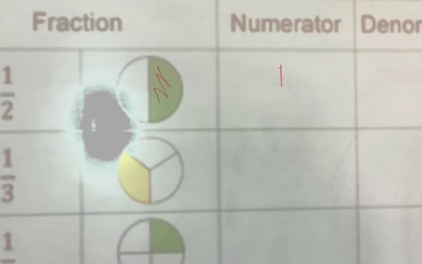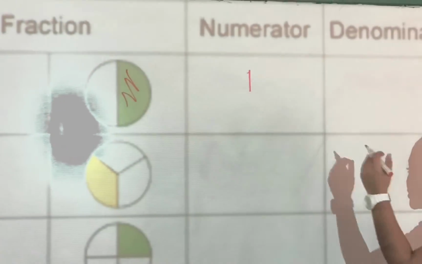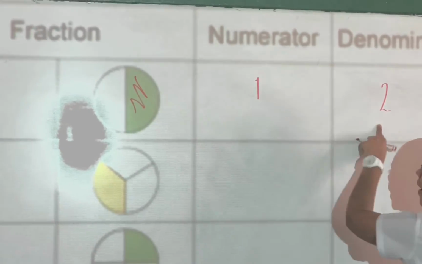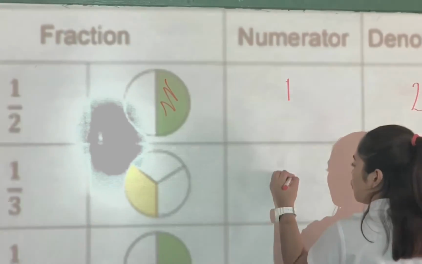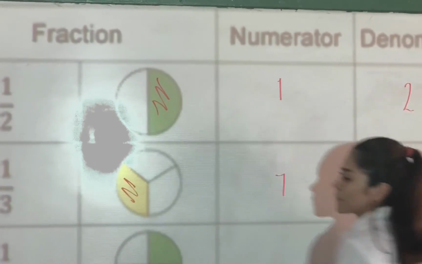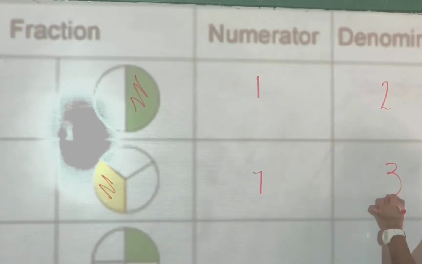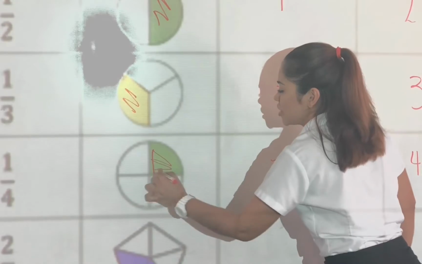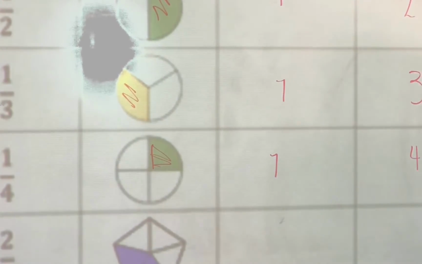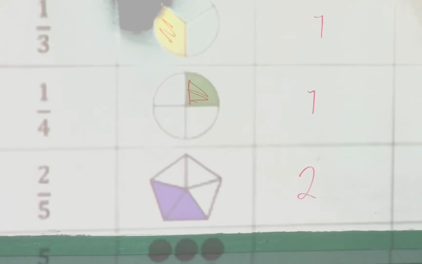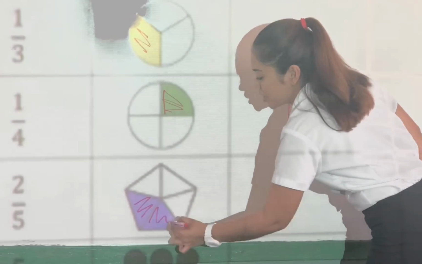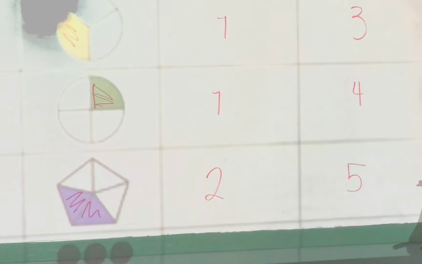And my denominator is the whole, the one that goes at the bottom. 1/2. 1/3 because we have 3 parts. 1/4 because only one is shaded and we have 4 in total. And 2/5, we have 2 shaded and 5 in total.